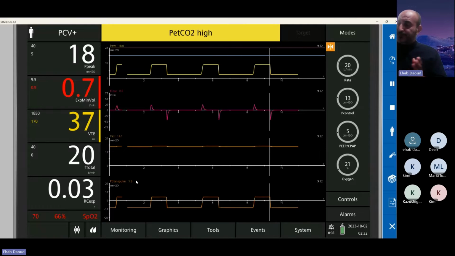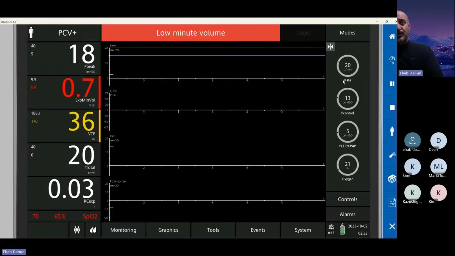Most of the studies showed you want to keep your end inspiratory transpulmonary pressure below 12 or 15 in a healthy lung. So of course, the lower, the better. So 4 is pretty good, but of course, look at the tidal volumes. It's 36. So if you don't change your inspiratory pressure, you're going to run into problems.